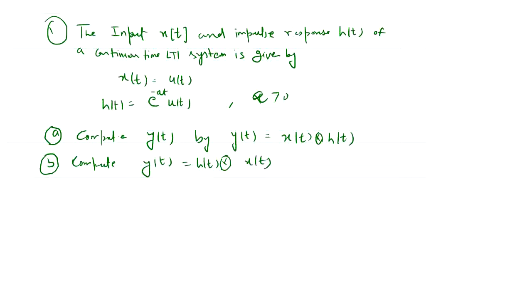So we have to compute the output for two given relations. The first relation is y(t) = x(t) convolution with h(t). Second, if we apply the commutative property, then x(t) convolution with h(t) is equal to h(t) convolution with x(t). So we can compute y(t) by both formulas.